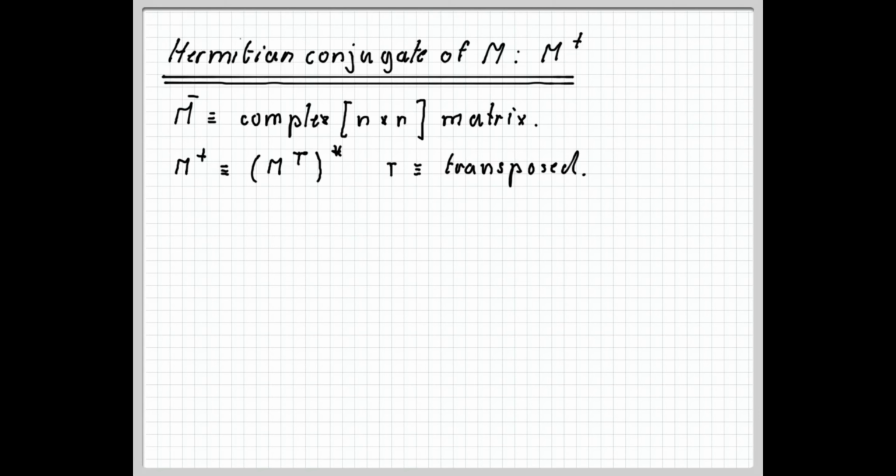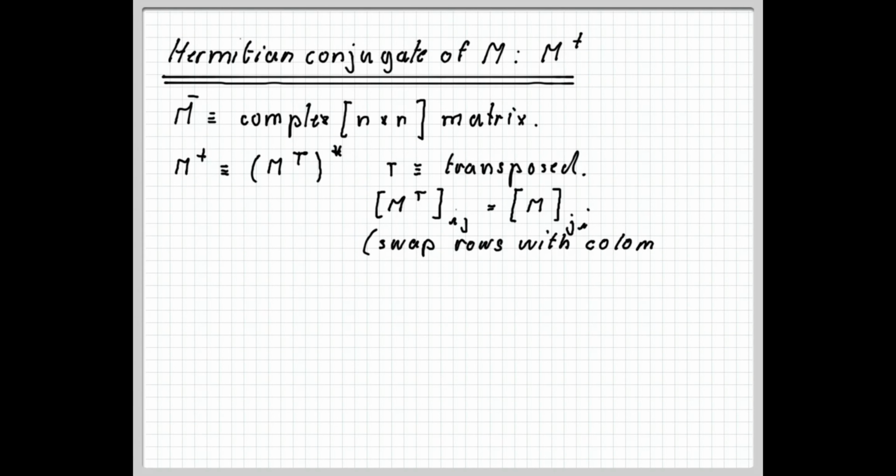What again was transposed? That means interchanging rows with columns. So, we can actually read the inner product of a vector u with a vector v as the Hermitian conjugate of u, that is a row vector, times the column vector v. Let's take this as a definition.